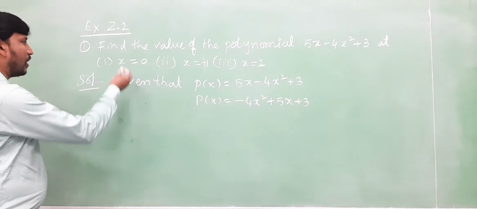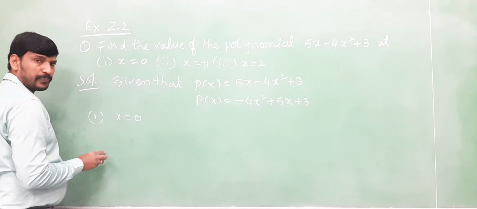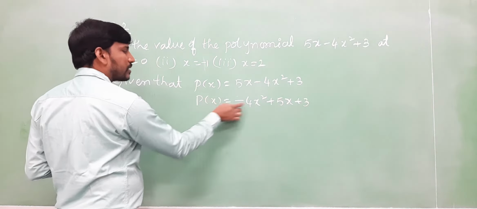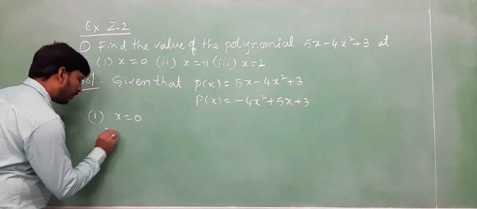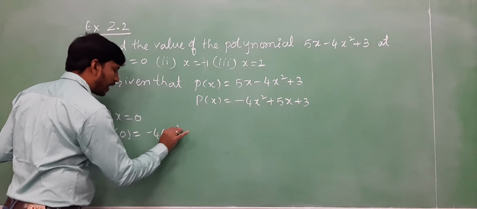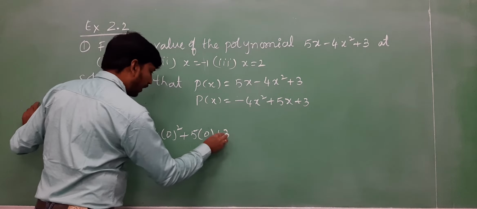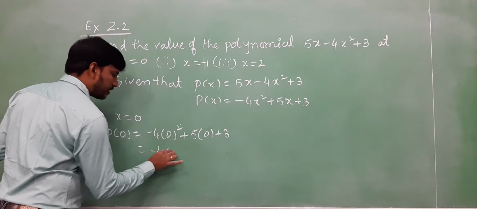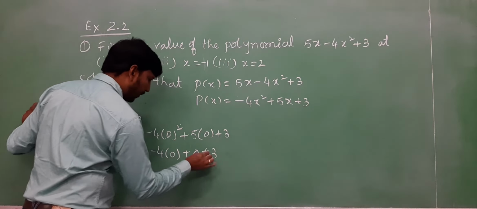Then find the values. The first one is x equal to 0. That is what we are going to do here. We need to substitute 0 in the place of x, wherever there is x. Now, p of 0 is equal to minus 4 into 0 square plus 5 into 0 plus 3, which implies minus 4 into 0 square is 0, plus 5 into 0 is 0, plus 3.